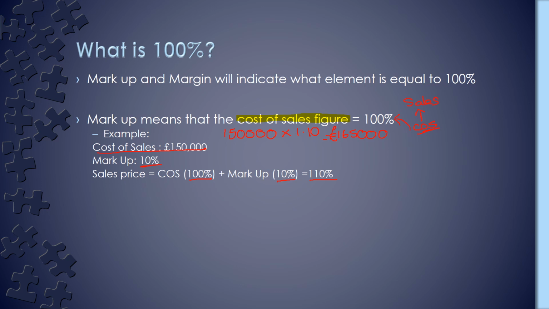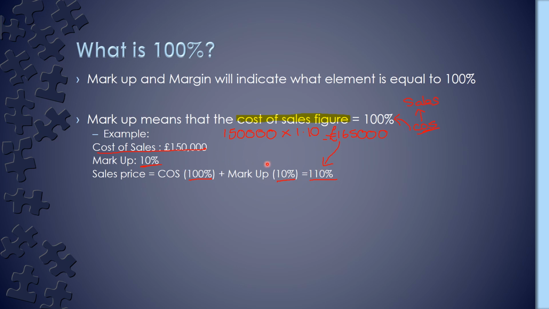Okay, so let's just walk through that again. We've got our cost of sales here of 150,000. We have got a markup here of 10%, which means our sales price has to be our cost of sales plus our markup, which will equal 110%.